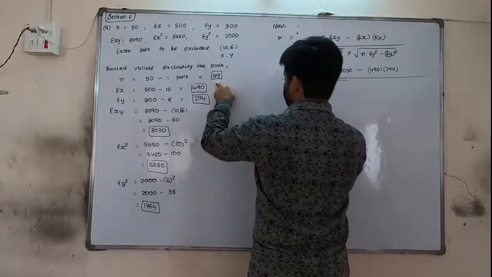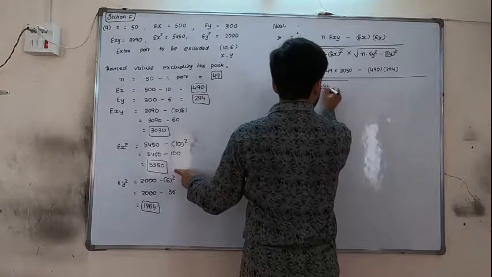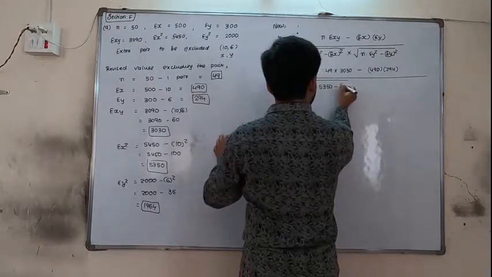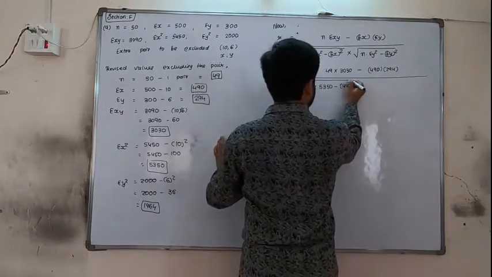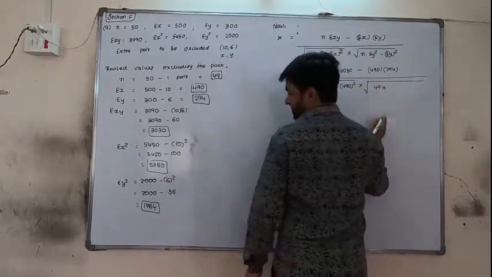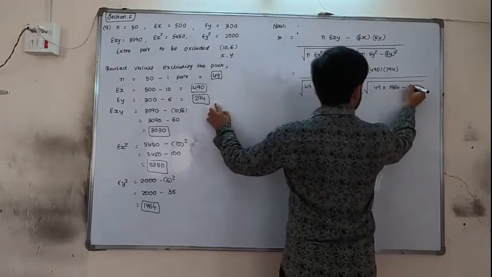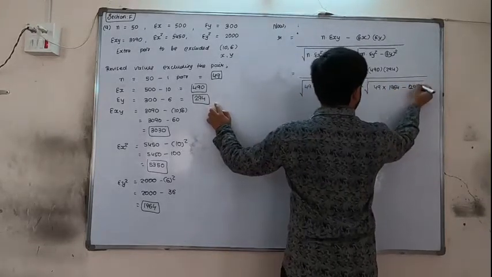N is 49, sigma x square 5350, sigma x whole square 490 whole square. Multiply the second square root: n is 49, sigma y square 1964, sigma y whole square 294 whole square.